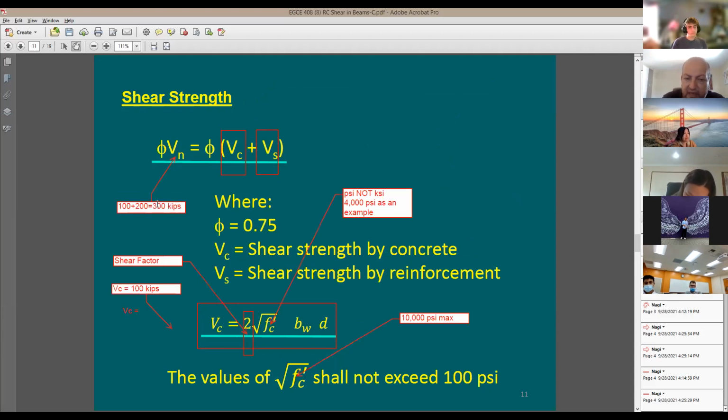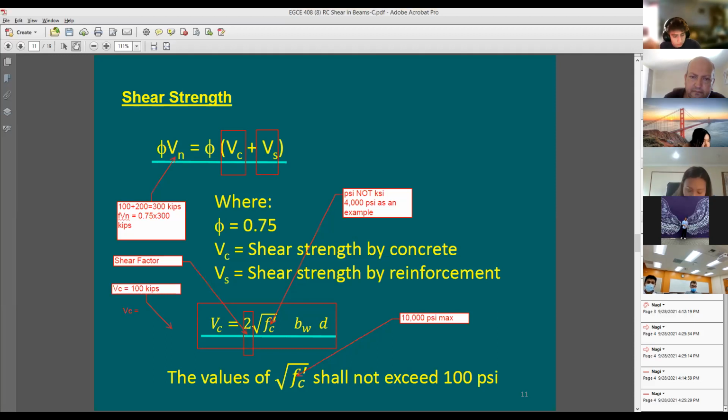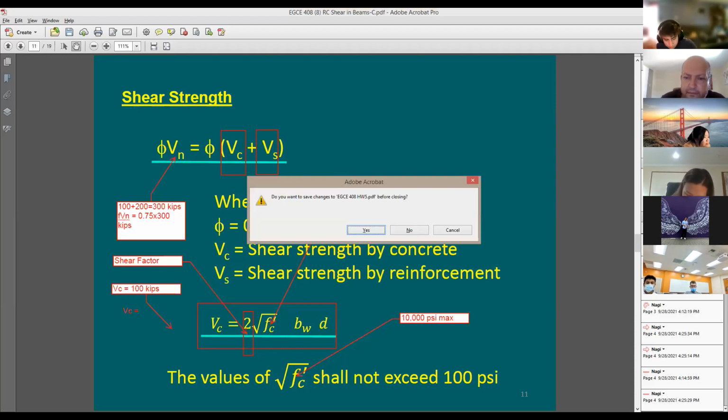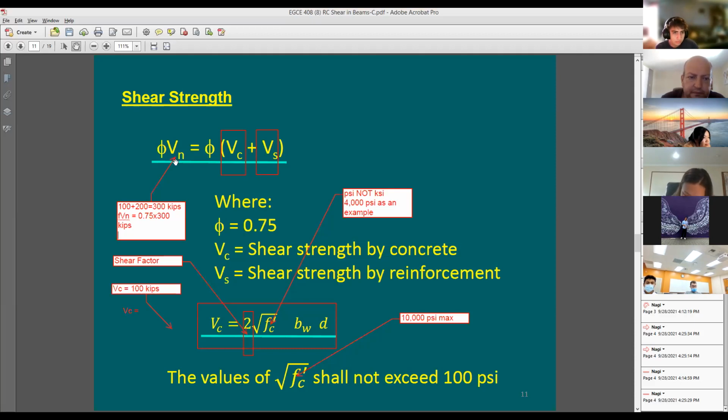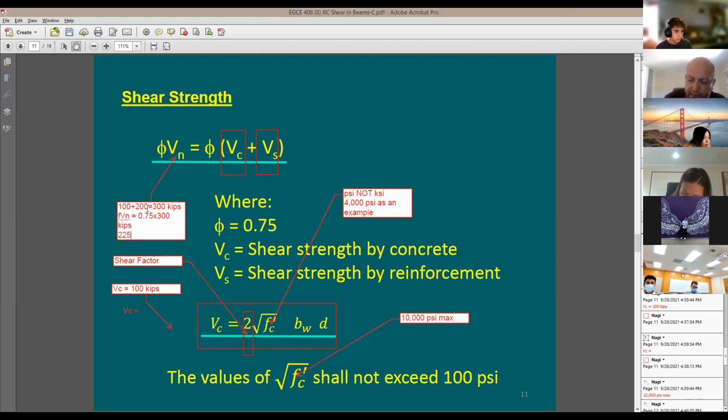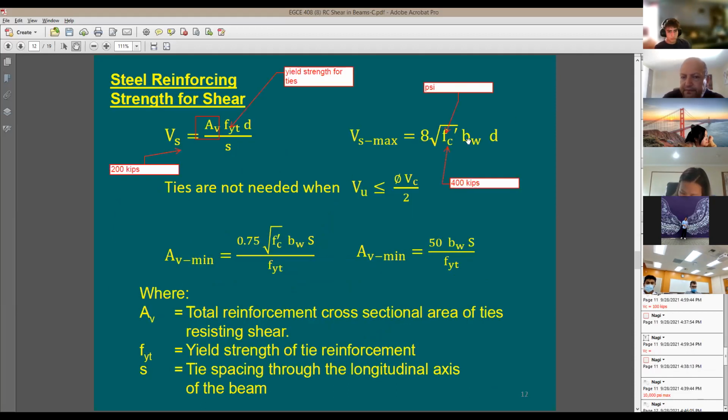And of course, phi Vn is going to be equal to 0.75 times 300 kips at the end of the day. And how much is that? Can someone help? 225. For phi Vn. All right, very good.